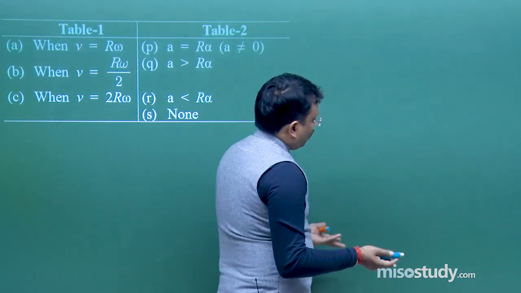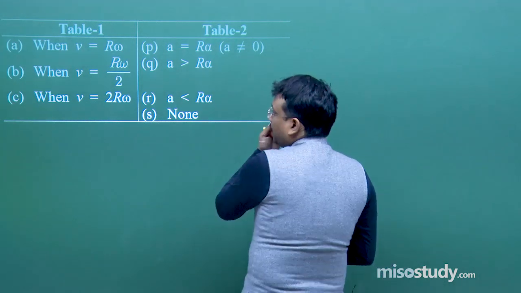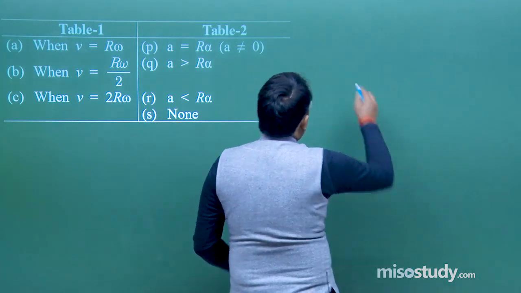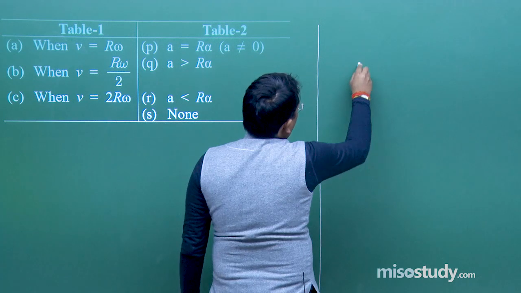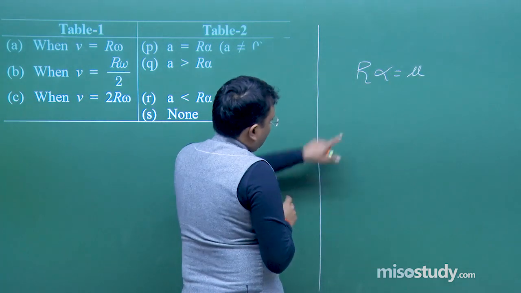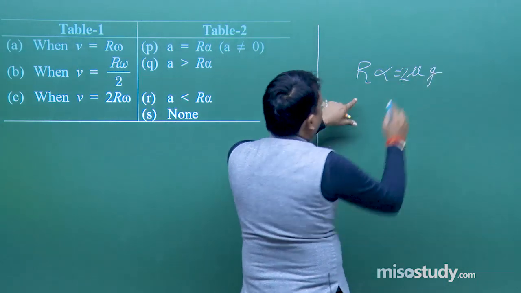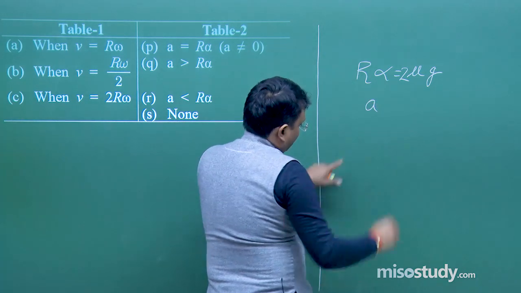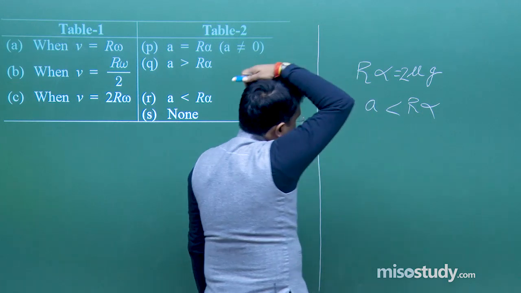Similarly, you can go for the next set of situation, that is when V is equal to 2 r omega, and in this scenario I think I should just give you the basic idea. So r alpha is equal to 2 mu g, or acceleration a should be less than r alpha.